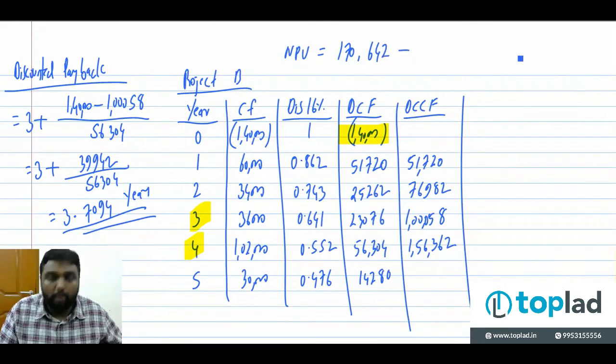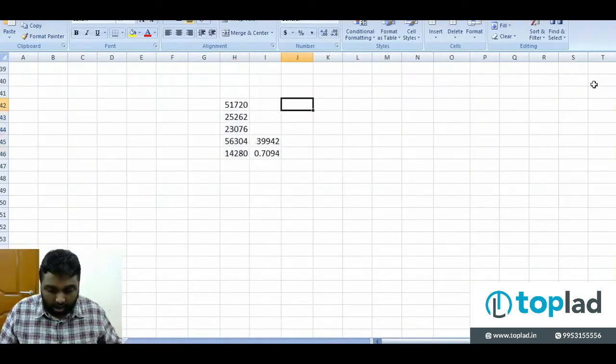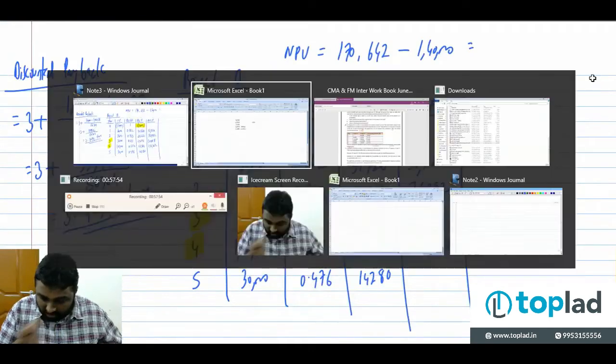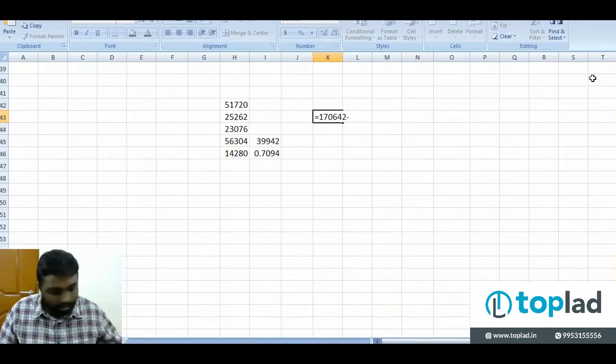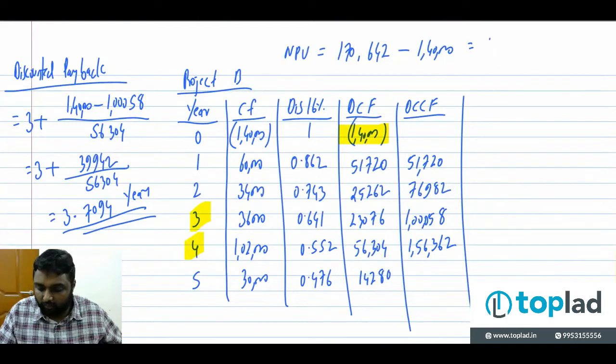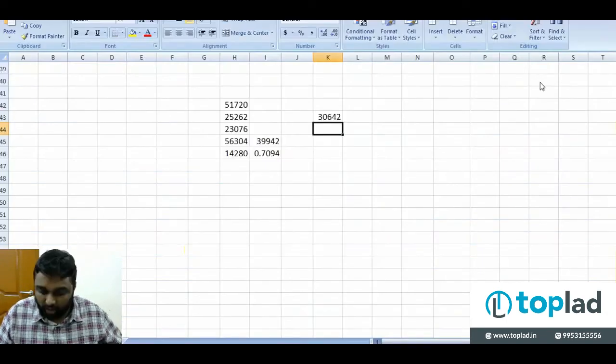1,70,642 minus cash outflow, which is 1,40,000. You will get 30,642.